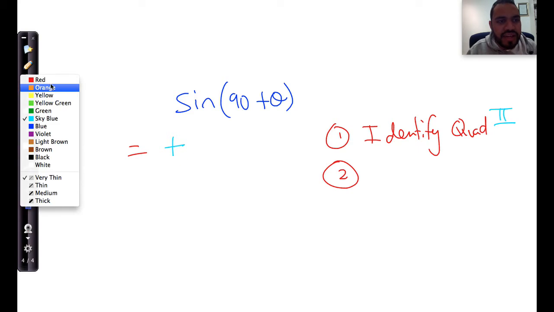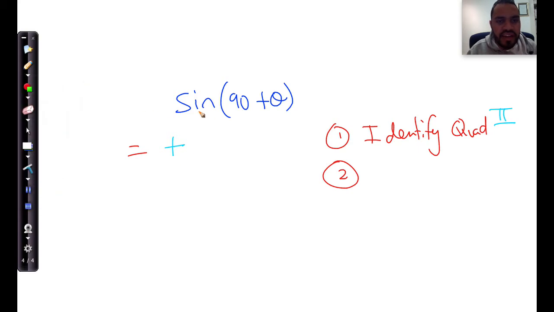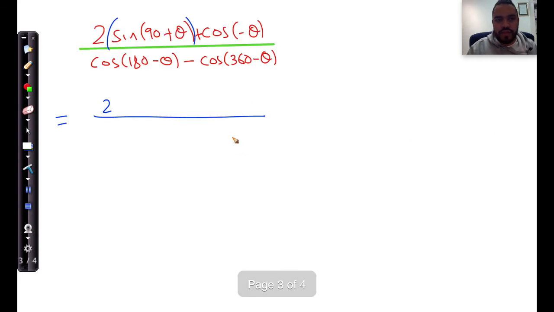Now I apply the coratio of sine, which becomes cos, and I take the complete theta that I see over there. So this will become cos of theta. Let's go back to our example. Sine of 90 plus theta is actually going to be positive cos of theta.